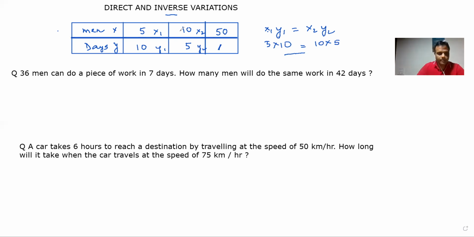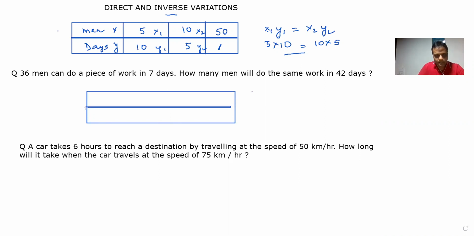So let's take an example that if 36 men can do a piece of work in 7 days. Let me quickly make a grid, and this is how you have to do the sums, that you have to make a grid and make some vertical lines.